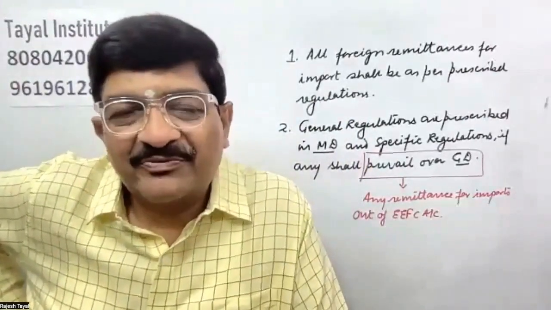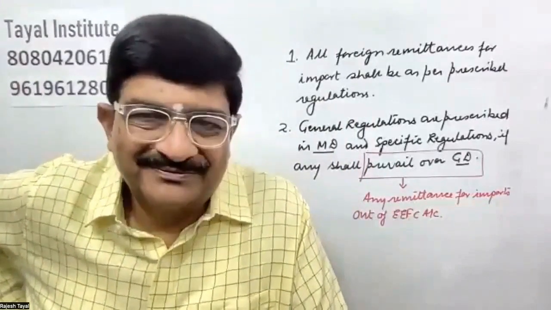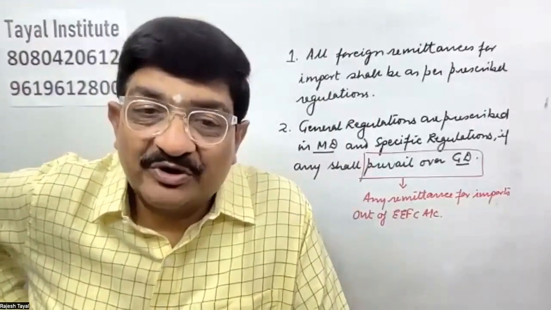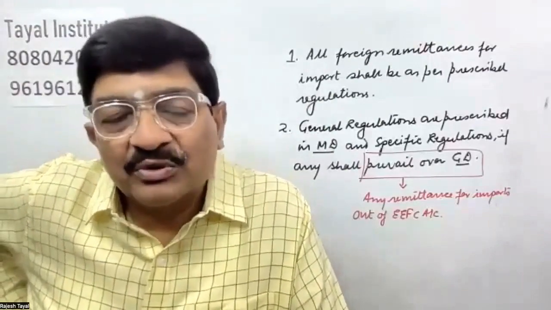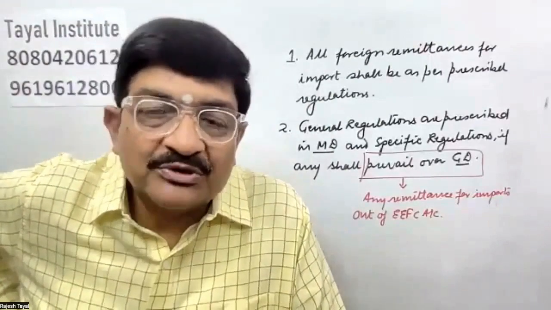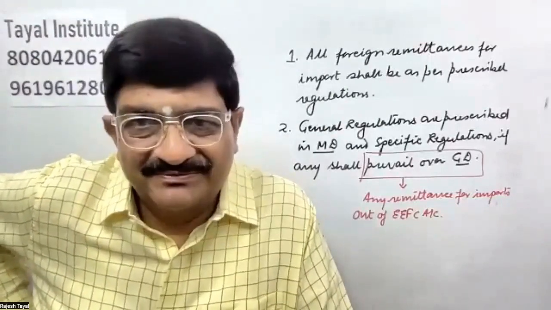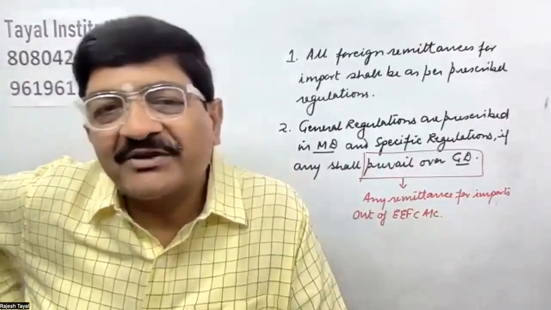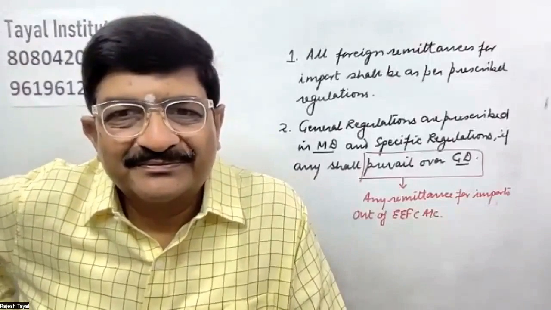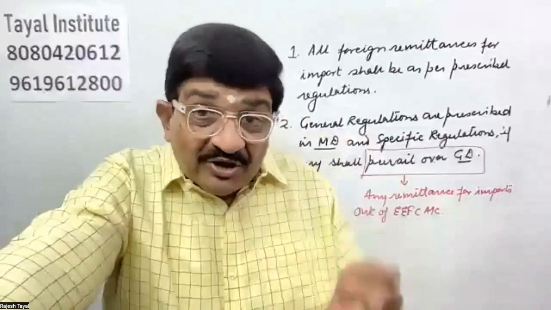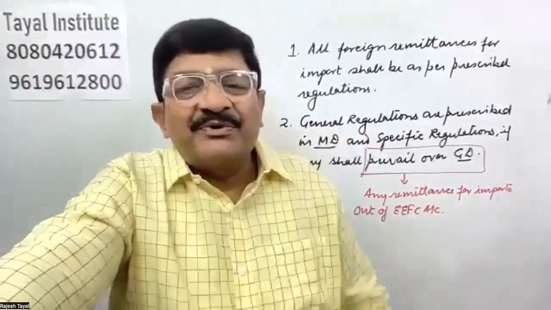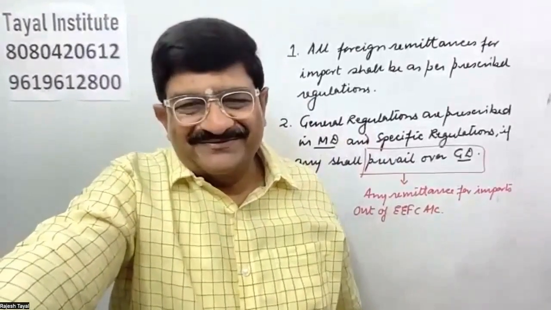If you're making an advance payment for import, in that situation, advance can be given so that the imports are received within 6 months' time. Subsequently, the authorized dealer will follow it up. Since you know about export in detail, these can be studied in comparison.